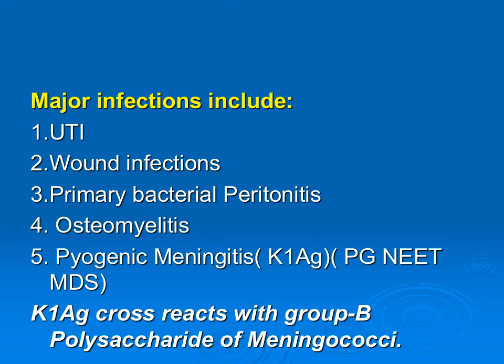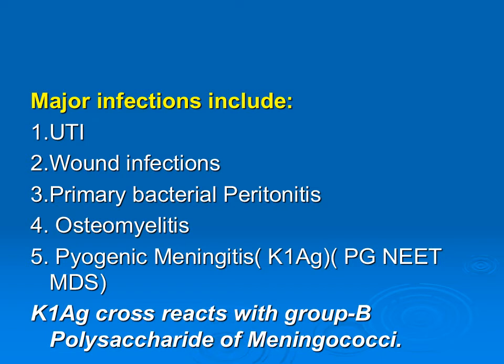Now, what are the major infections caused by Escherichia coli? The most predominant infection, the commonly isolated organism among urine samples collected routinely in hospital practice or in diagnostic setups, is Escherichia coli associated with UTI. Other than UTI, it causes wound infections, bloodstream infections, and pyogenic meningitis, especially because of capsular K1 antigenic strains.